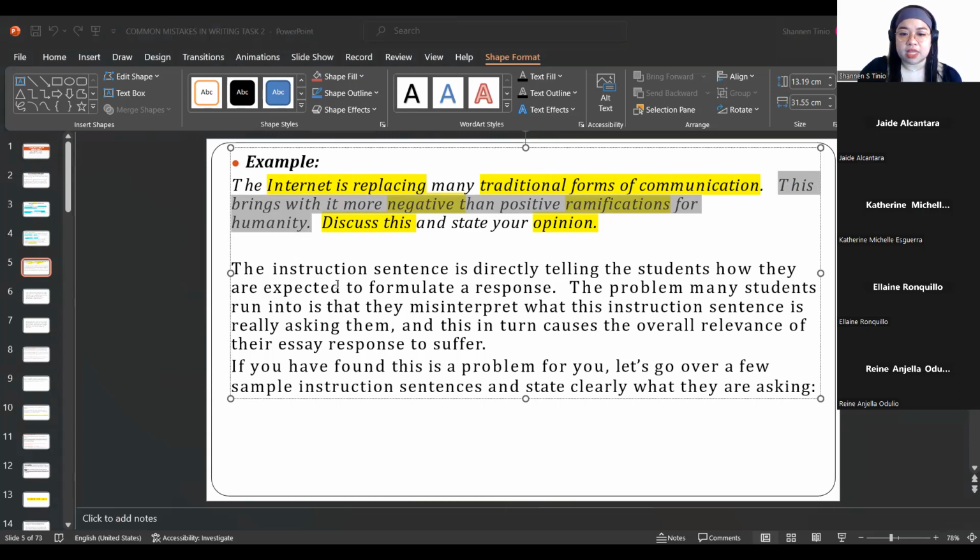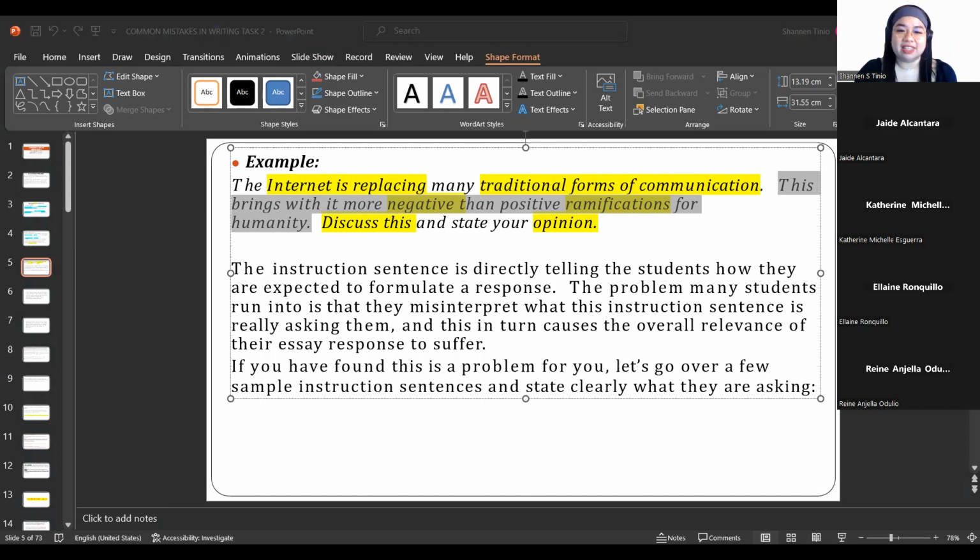It could be fast-paced culture. That's one of the negative consequences. Fast-paced culture. Or laziness. People who have less physical activity. Right?